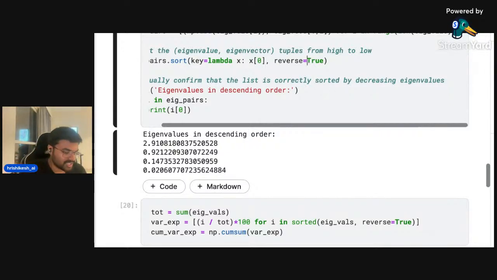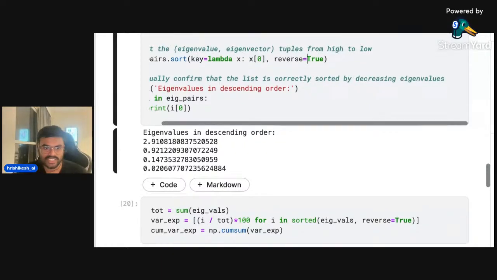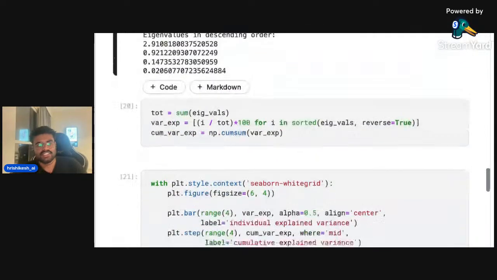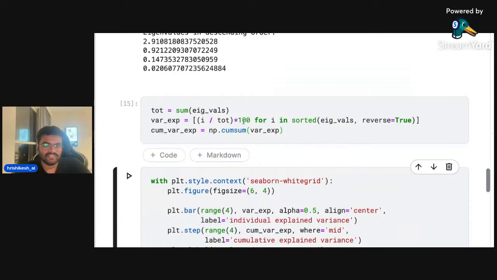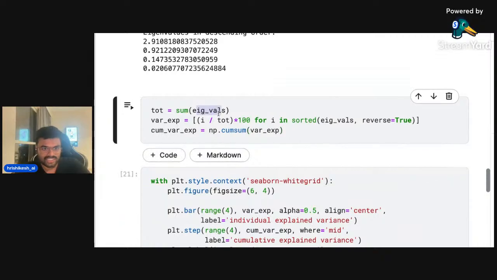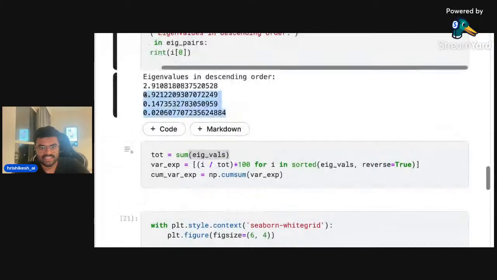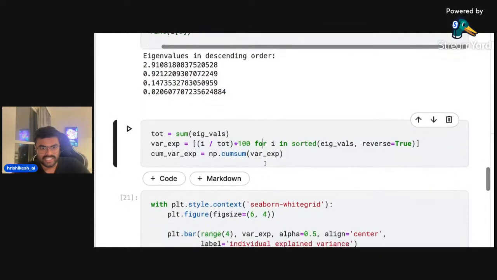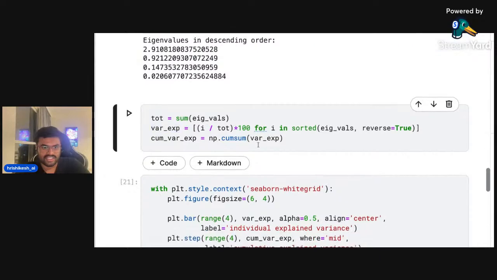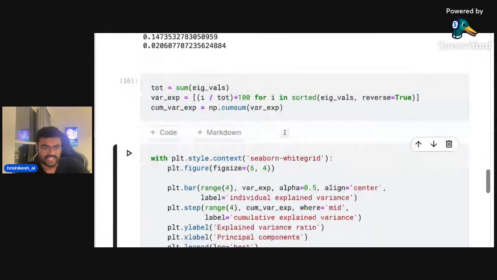Still, we are not reducing it, we are actually transforming it into a more optimized form. Then comes the total, where we sum up all the eigenvalues we have here, and then we calculate the variance, and here we get this.